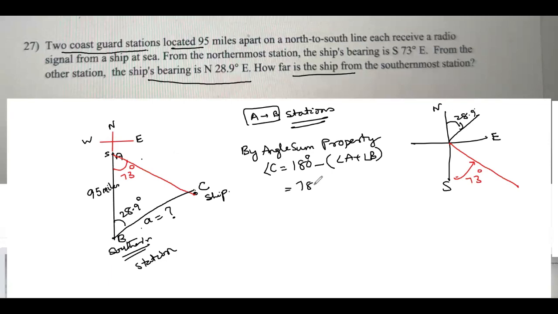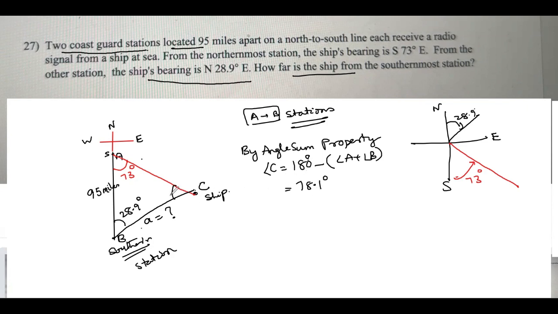So we get 78.1 degrees. You add angle A and angle B and subtract from 180 degrees. 73 plus 28.9 comes out to be around 100 point something. Then accordingly 78.1 degrees is the angle C.